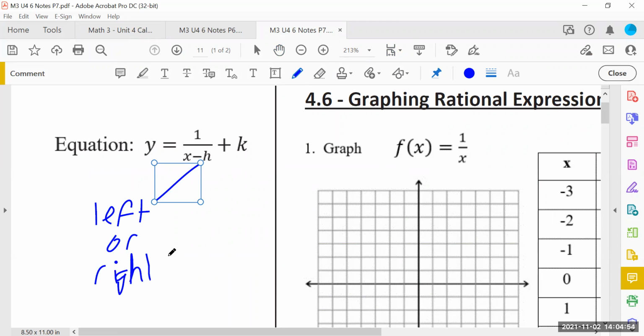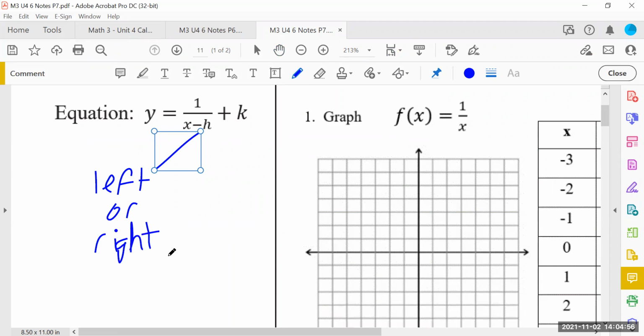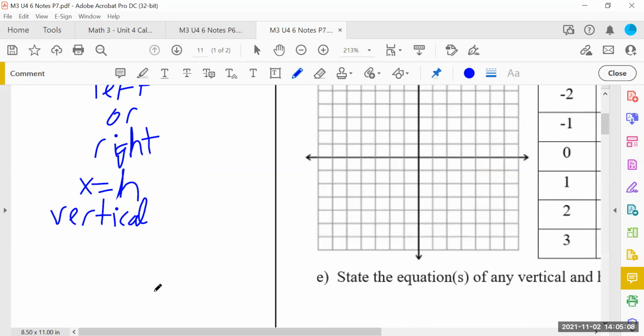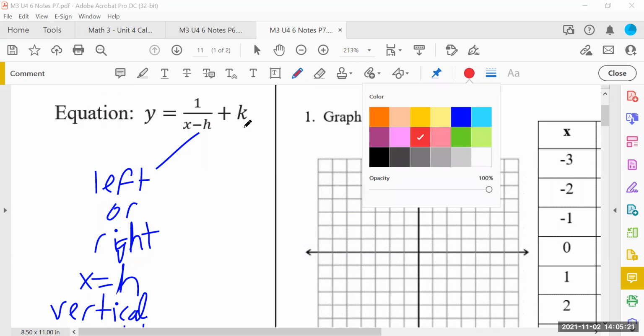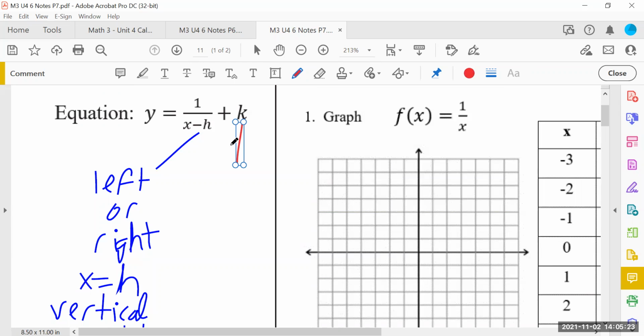And it's also going to be our vertical asymptote. It's going to be the number that I can't plug in for x. So here, x equals h is our vertical asymptote, whereas the k value is going to shift us up and down.